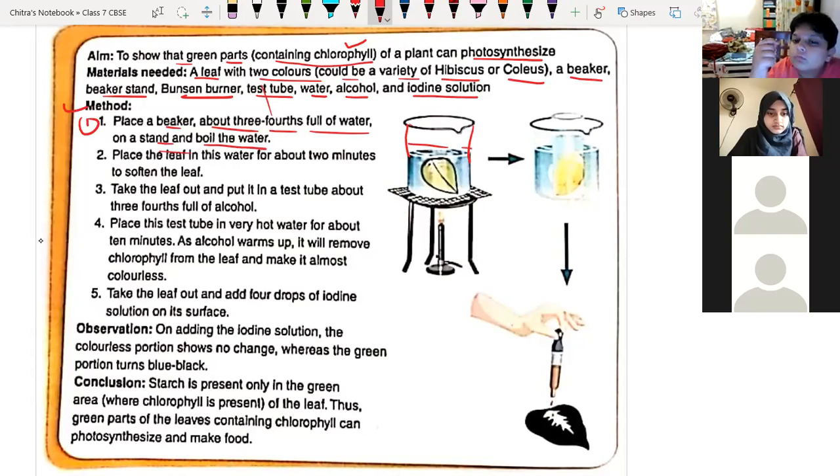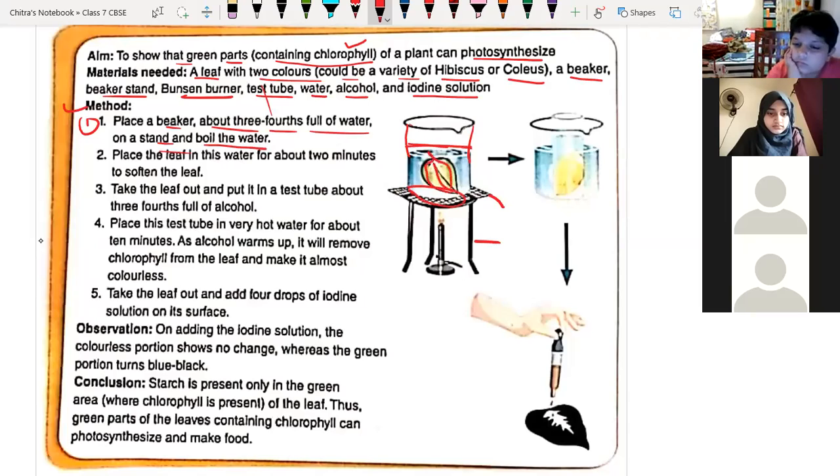See, here we have the tripod stand, here we have the net, which provides constant heat energy to the bottom of that beaker, and we have to fill the water up to over here, and keep that leaf over here and boil it.